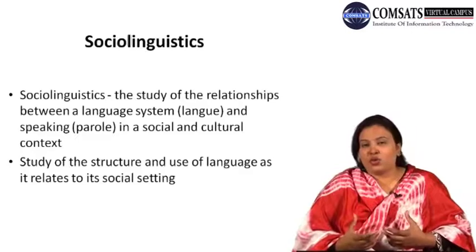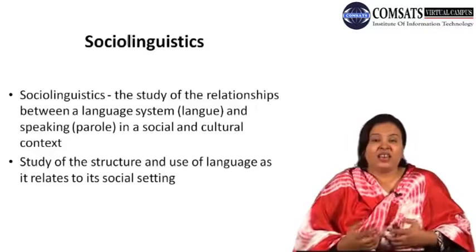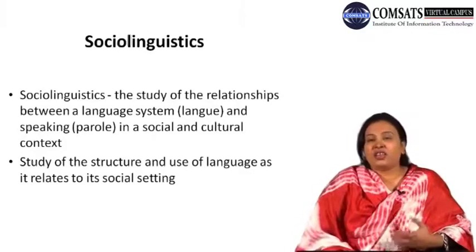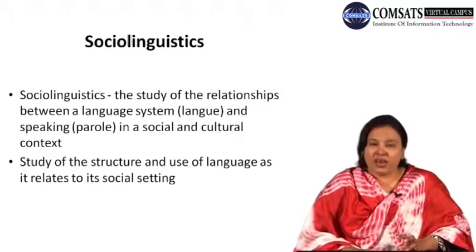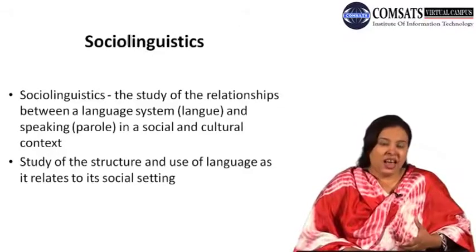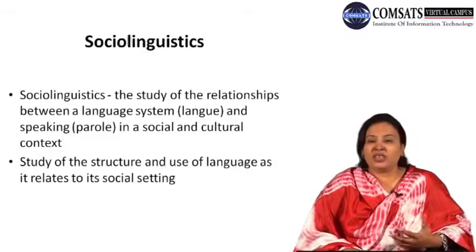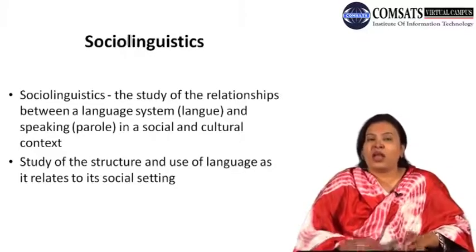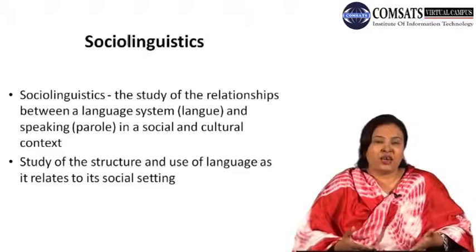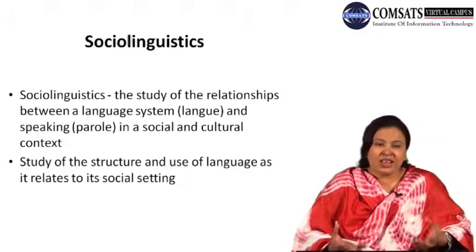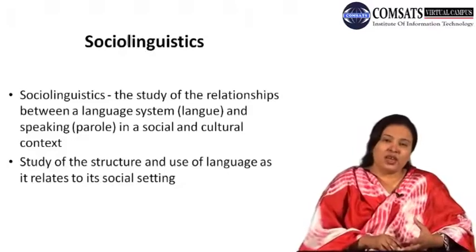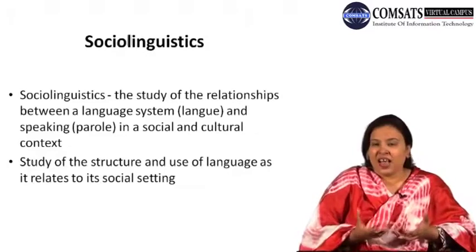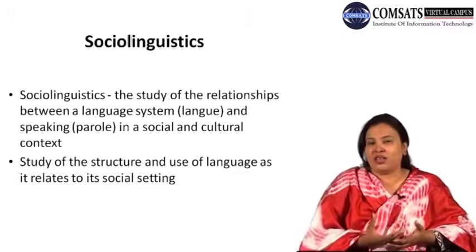If you remember our lectures on historical linguistics, we have seen how different linguists talked about the importance of context in using language as a device for communicating. The context is always important, and in sociolinguistics that context defines a society, the language within a society. The context is there, and language is a part of that context.